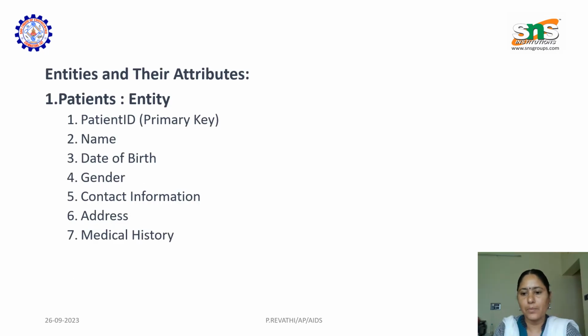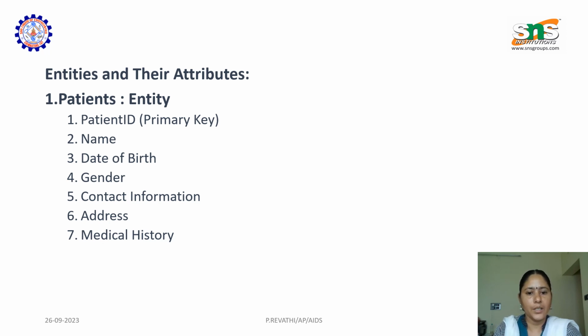In a hospital management system using a database management system, you can define various entities and their relationships to organize and manage the data effectively. Here are some key entities and their attributes. Patient is an entity.